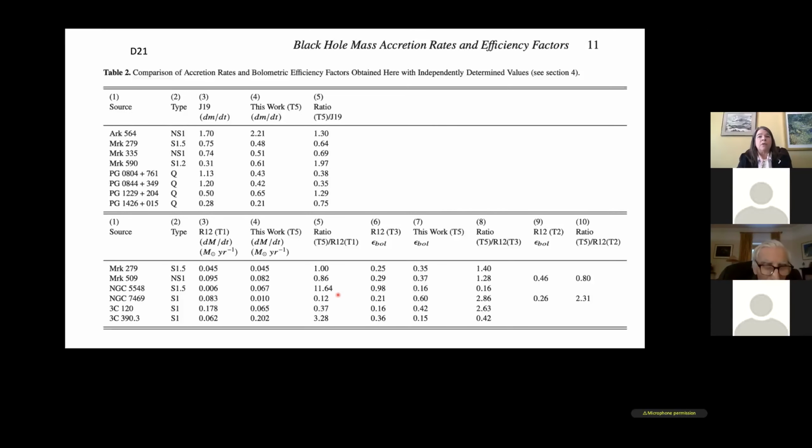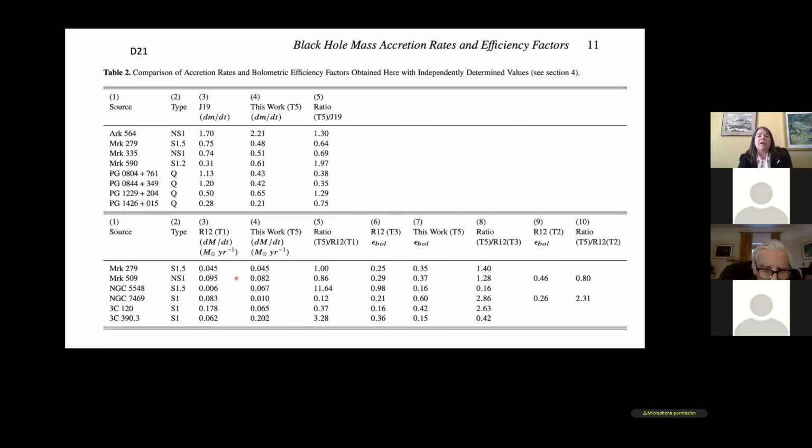Now there's one source here that is common to both samples. Markarian 279 comes in at a ratio of about 1 here and a ratio of about 0.64 here. And that might be, if the Zhang et al. result for little m dot, the dimensionless mass accretion rate, had absorbed the bolometric efficiency factor into their definition, then that might account for this difference.